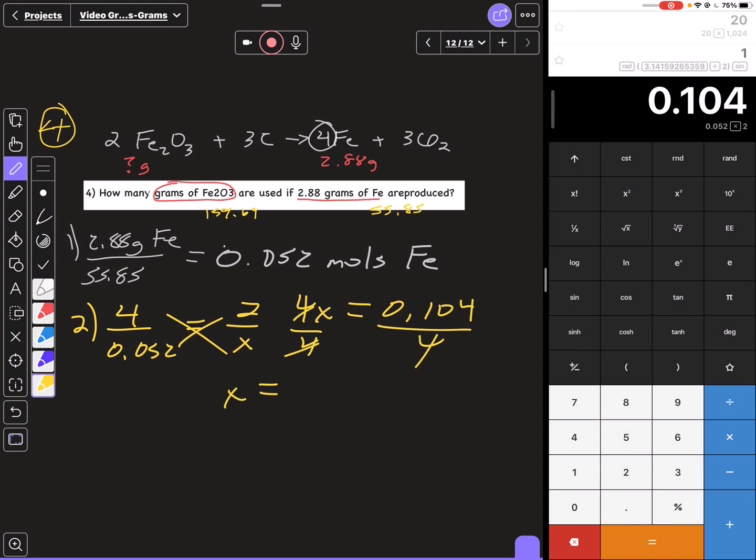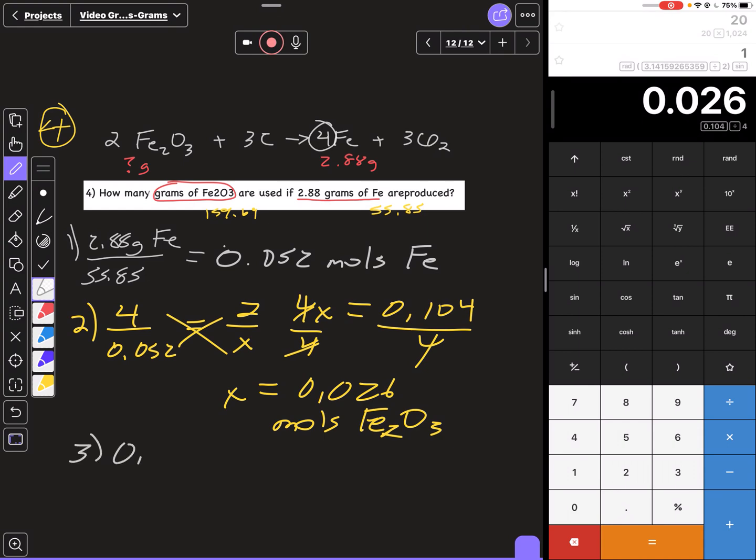My X is going to be 0.026. And that is moles of Fe2O3. But I don't want my answer in moles, I want my answer in grams. So my third step is to do 0.026 times the molar mass of Fe2O3.